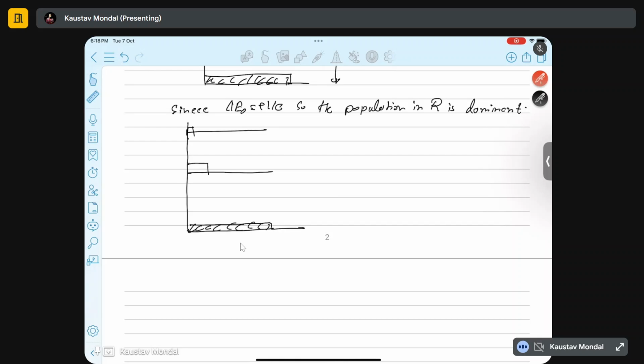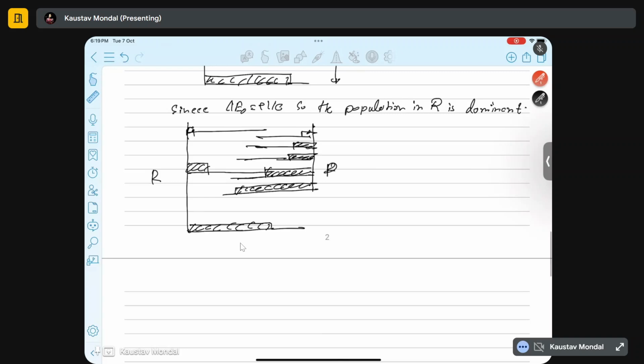This is for the reactants, and for the products it looks like this. This is for the products.